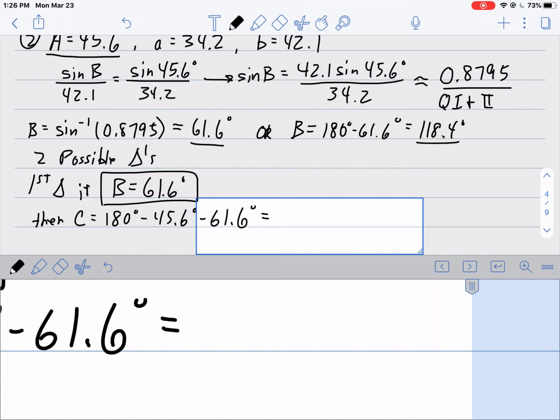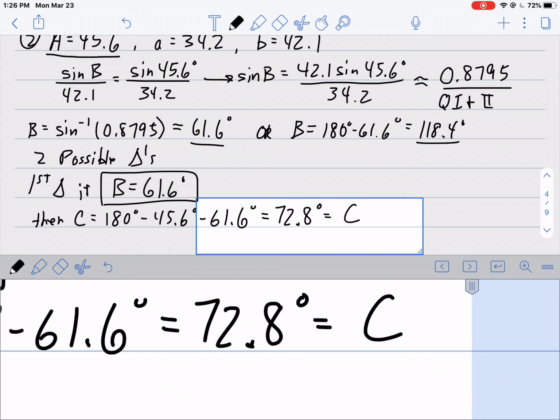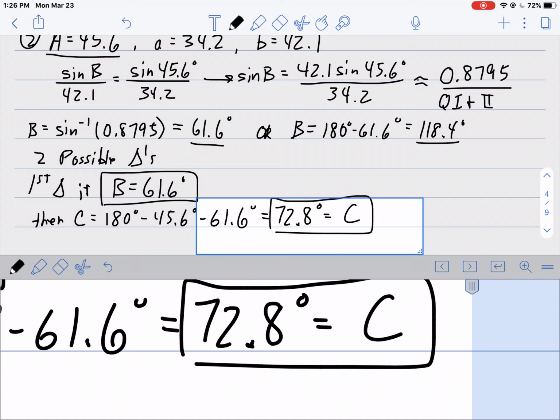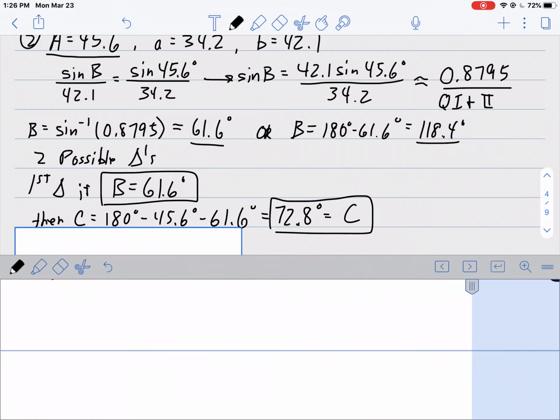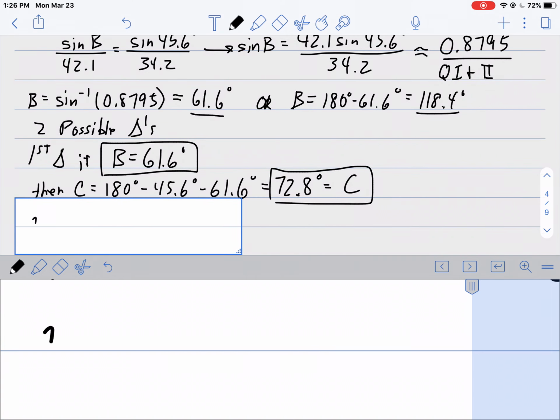And that gives me the measure of angle C at 72.8 degrees. So now I've got all three angles. The only thing missing is side C, because we were given side A and side B in the initial problem. So now we're going to find side C.